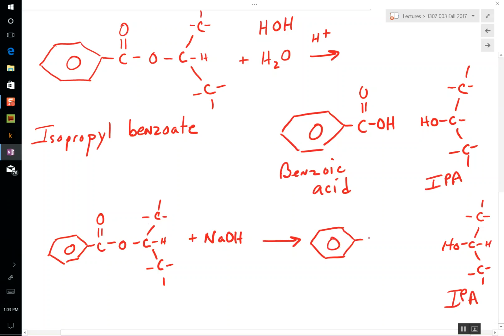The saponification produces a molecule that looks a whole lot like the acid. We just have the salt of the acid, the sodium salt of the acid. So instead of benzoic acid, we're getting what? What do we call that?